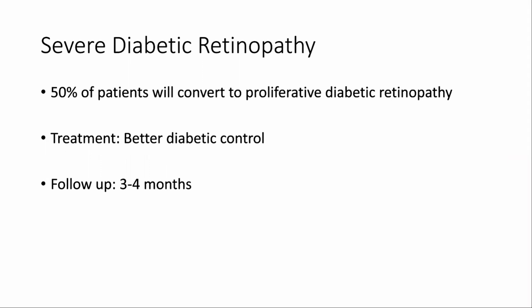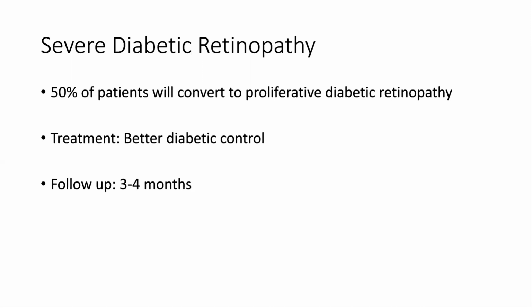And the reason that we classify mild, moderate, and severe again is that it is a risk. The higher the risk and the later the stage, you're at higher risk of developing something called proliferative diabetic retinopathy. When you convert over to proliferative diabetic retinopathy, the risk of vision loss and severe damage to the eye goes up by a lot.